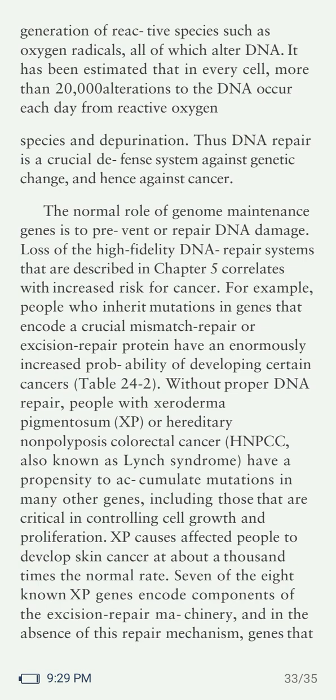Without proper DNA repair, people with xeroderma pigmentosum or hereditary nonpolyposis colorectal cancer, also known as Lynch syndrome, have a propensity to accumulate mutations in many other genes, including those that are critical in controlling cell growth and proliferation.